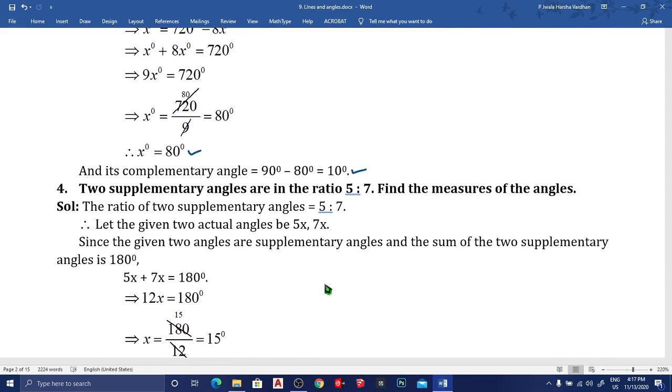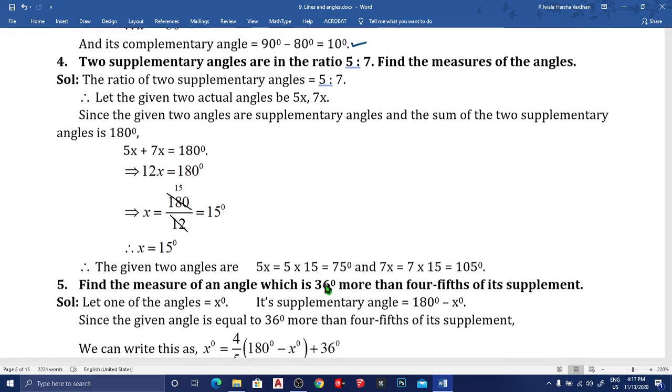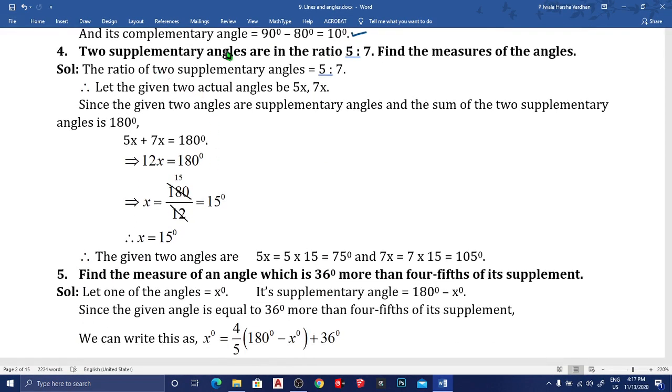Next, fourth problem. Two supplementary angles are in the ratio 5:7. Find the measures of the angles. It is given that the two supplementary angles are in the ratio of 5:7. It is not directly given, it is given in the form of a ratio.